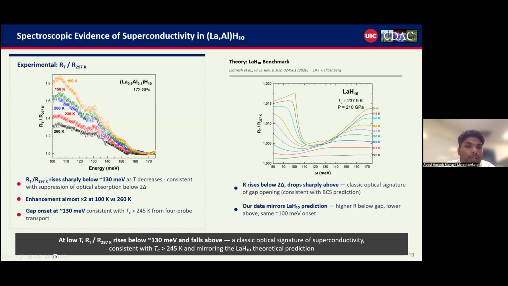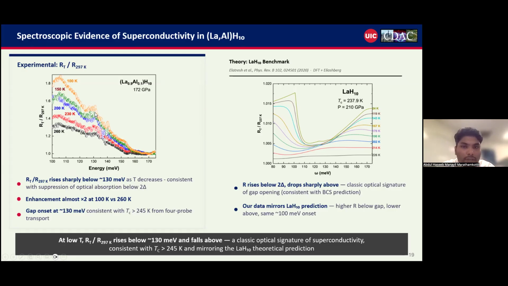As we cool down to 230 Kelvin and below, we can see a distinctive shape develops, similar to what we see in the theory for an ideal superconductor. The ratio rises below 130 meV and falls above that energy.